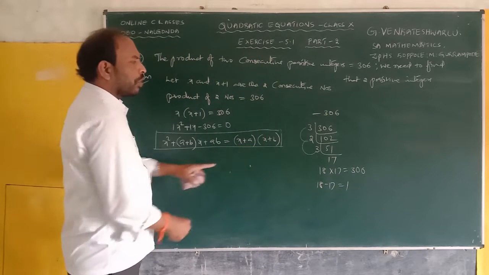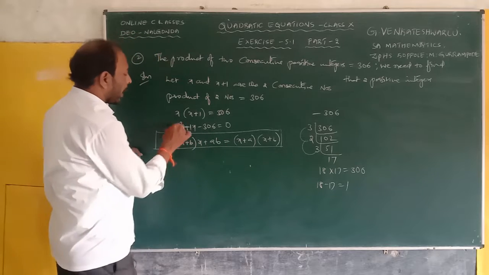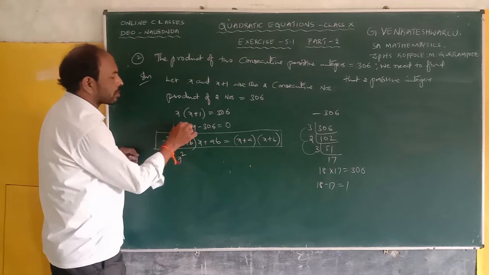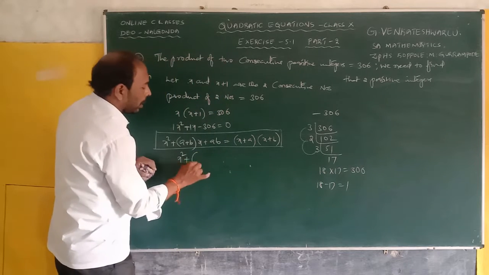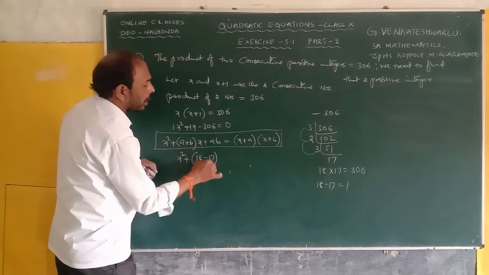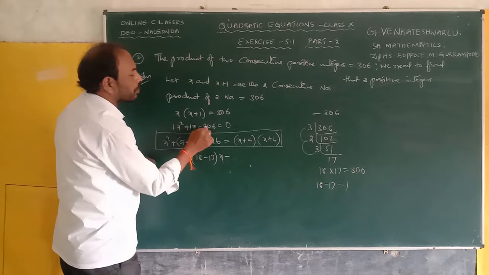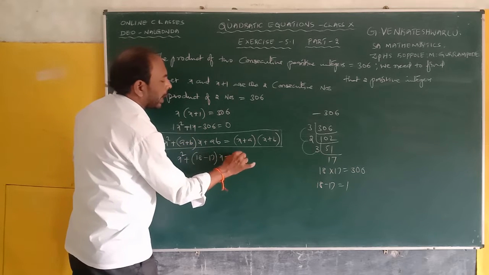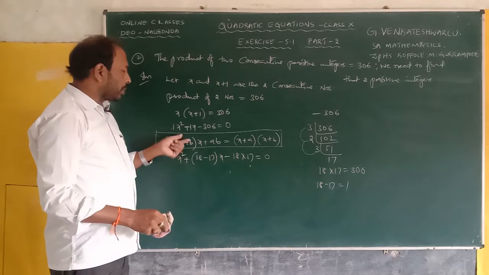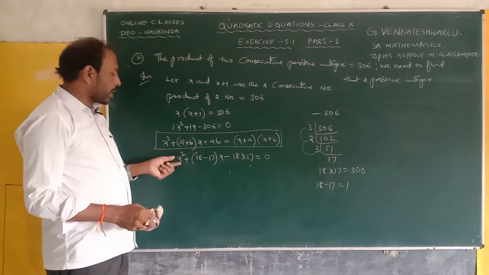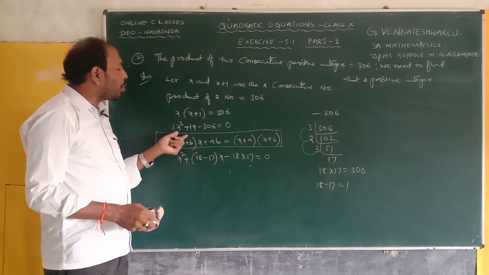So look here, from that example, x square stays as it is, x square plus this 1 is written as (18 minus 17) into x minus 306, which is written as 18 into 17. Comparing these two quadratic equations, look here, it is in the above form.